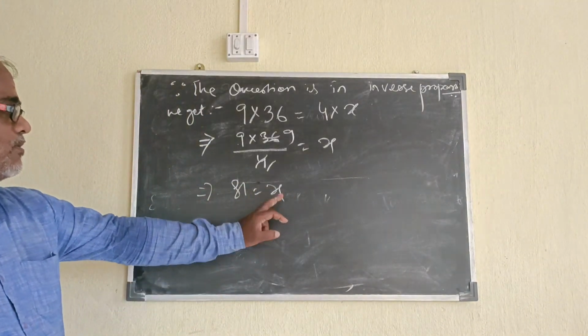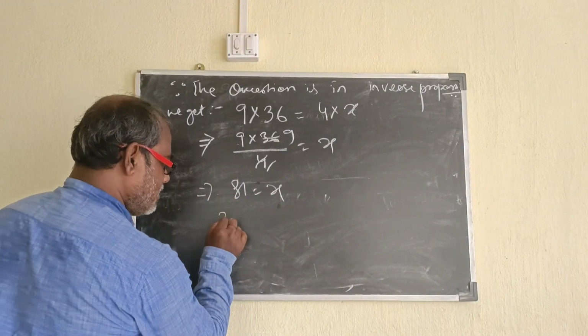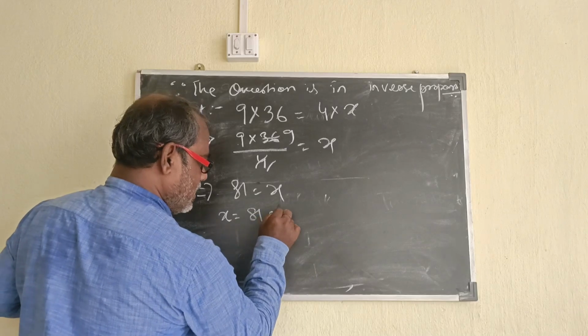Now see here, x. What is x? x is in minutes. So x is equal to 81 minutes. You can write x is equal to 81 minutes.